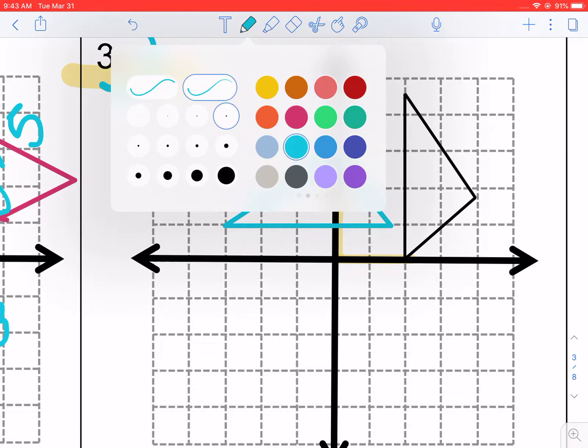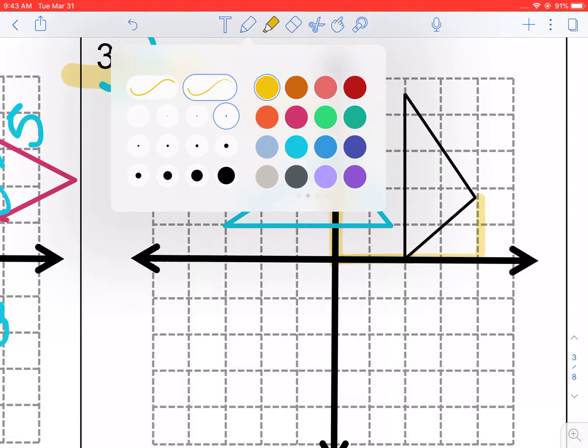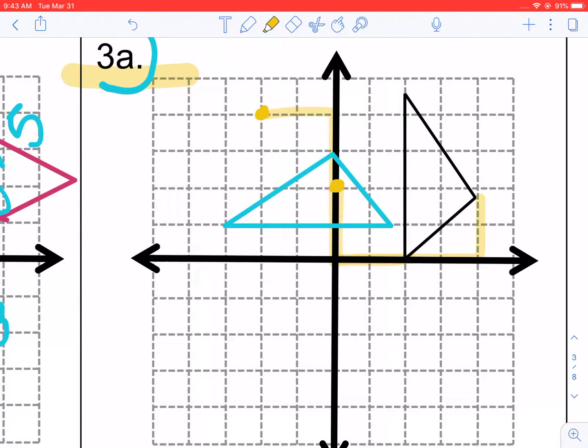So my new point is gonna be here. I do the same with the other point. I'm gonna go 4, 2 in the opposite direction. I'm rotating everything 90 degrees. And then I have 2 and 4 and something else. Here you go.